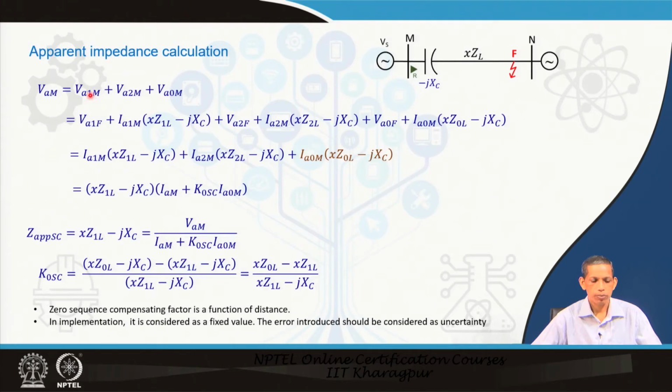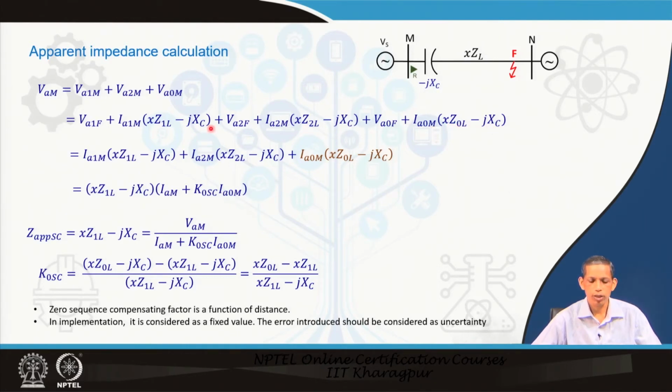From the positive sequence diagram, VA1M equals VA1F plus I1M x (Z1L minus jXC) up to the fault point. From the negative sequence diagram, VA2F plus I2M x (Z2L minus jXC), and then VA0F plus I0M x (Z0L minus jXC).